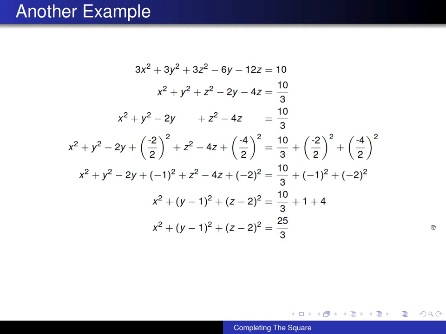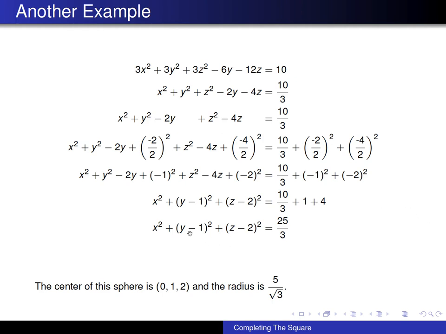So I did that simplification on the right. I found the common denominator, which is 3, and added everything up, and I got 25/3. Okay, and so now I can tell you what the center is. Sorry, x isn't changed, so x minus 0. So 0 is the x coordinate, right? -1, -2.